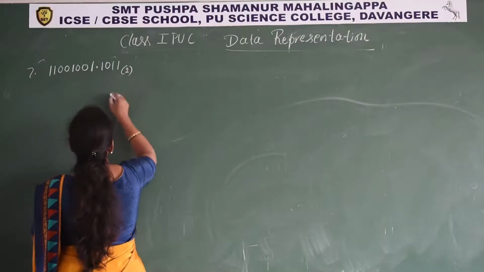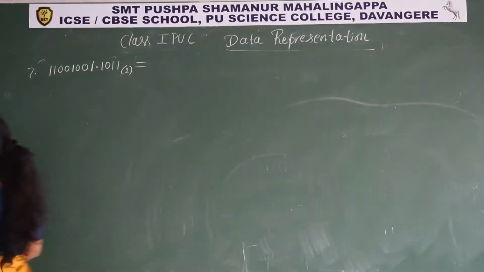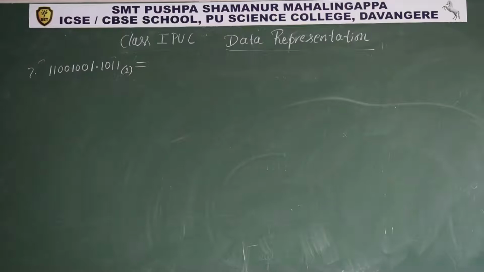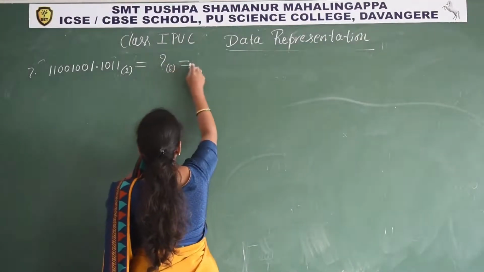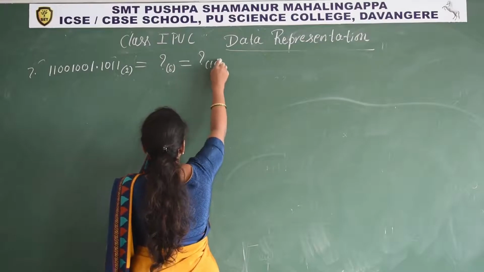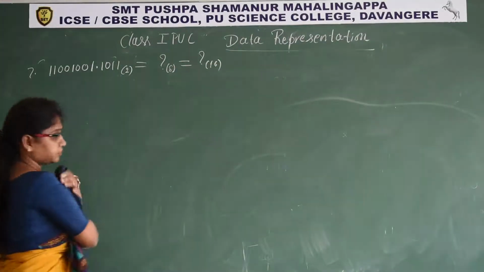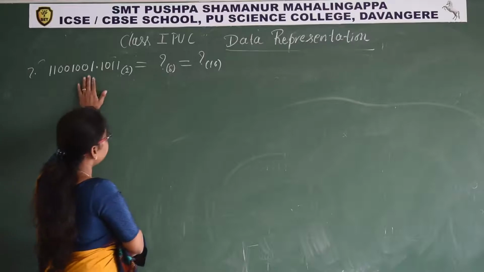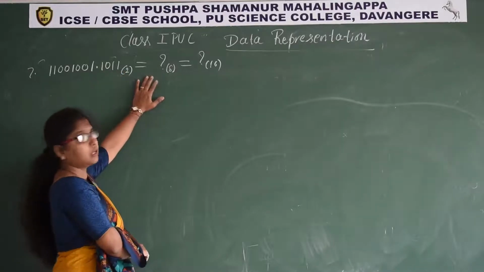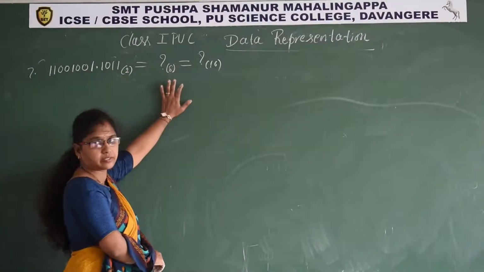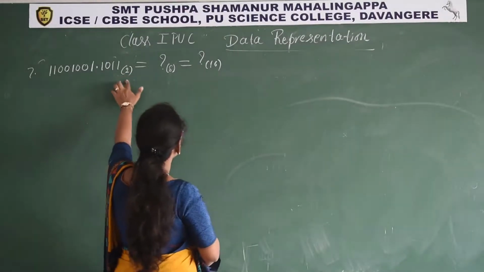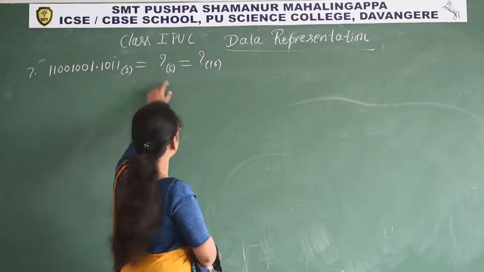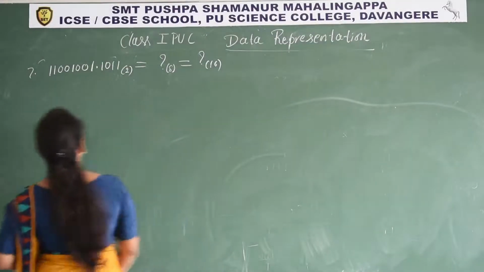This is equal to question mark base 8 and question mark base 16. So, binary to octal and binary to hexadecimal. How to convert? First convert binary to octal, then binary to hexadecimal.